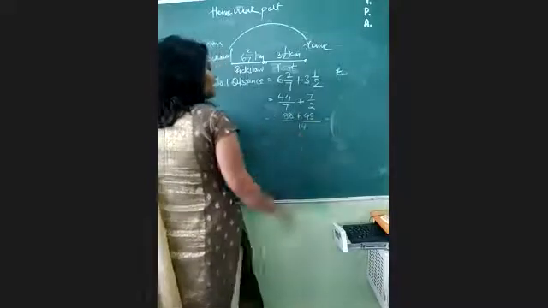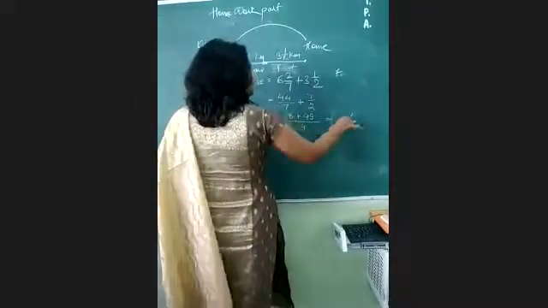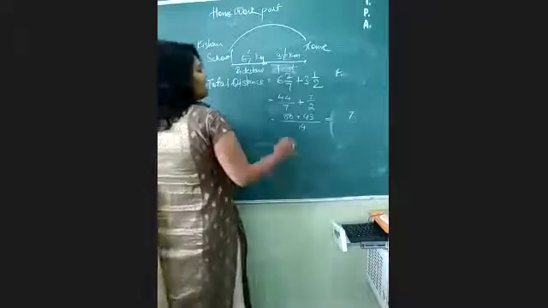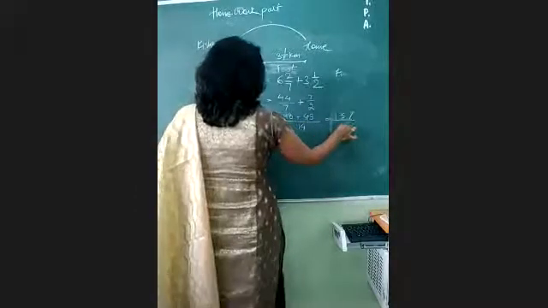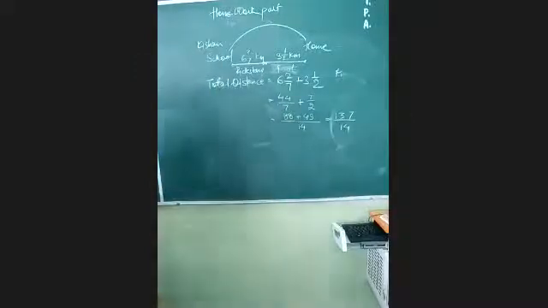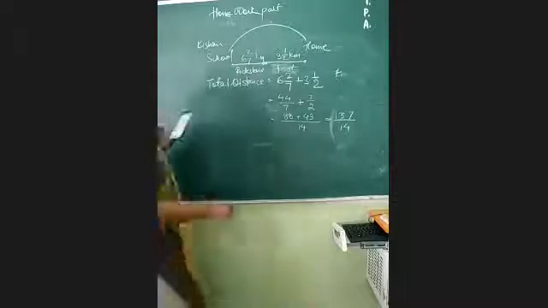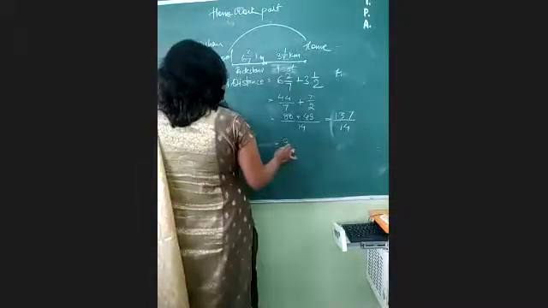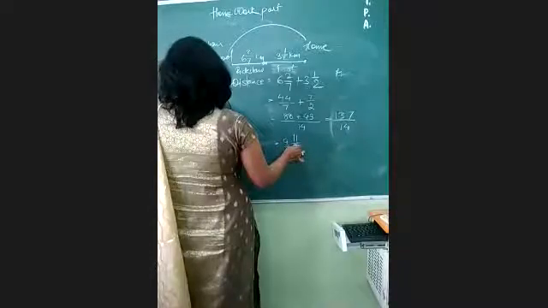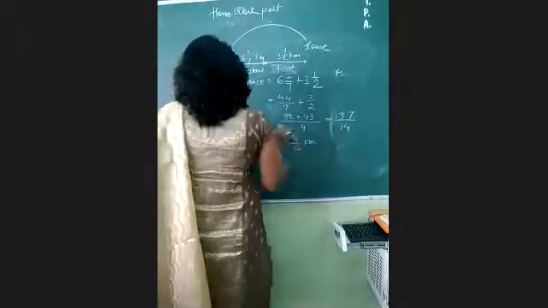Now add them together. 8 and 9 will give you 17. Carry here 1. 8 4s are 12, 1 3 is 13. 137 upon 14. And when you solve this number in the form of a mixed fraction, it will give you 9 whole 11 upon 14 kilometers.